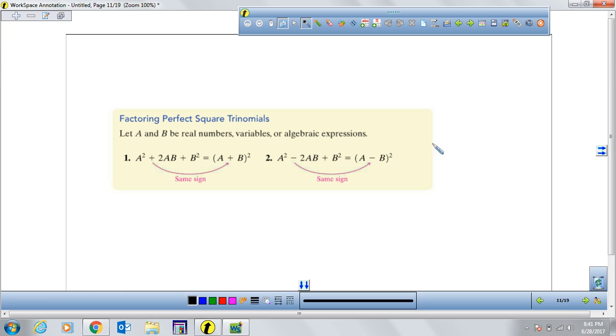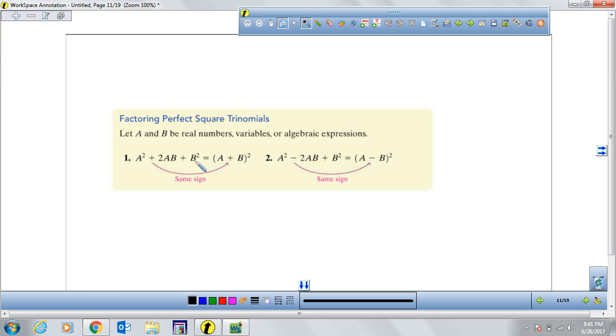Sometimes the trinomial is going to give me the same factor twice. How do we find out if a trinomial is going to give me the same factor repeated 2 times? All I need to do is find out if the first term is a square, meaning I can find something that when squared gives me the first term.